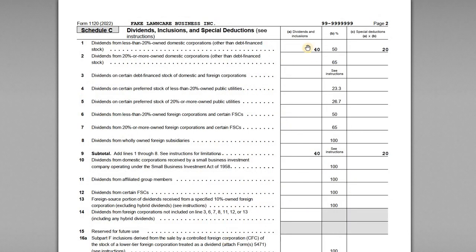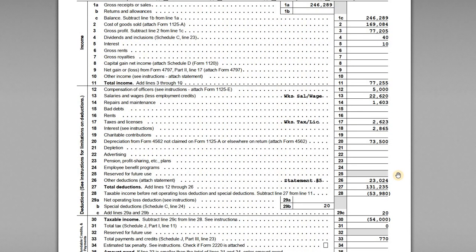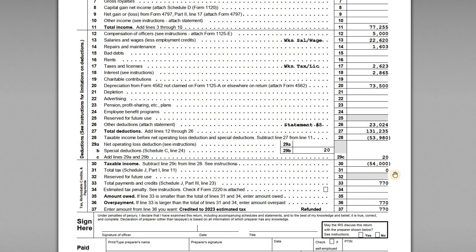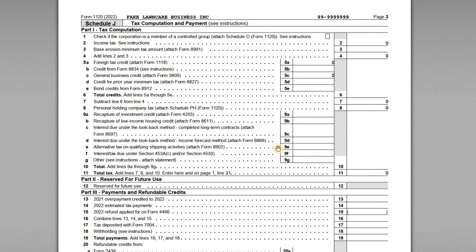So if we quickly look at page 1, notice at the bottom here, the taxable income is negative. We'll go through some of these elements down here in a little more detail in a bit, namely the dividend received deduction and the federal fuel tax credit. But notice the taxable income is negative $54,000 because they're in a net operating loss position, and total taxes is 0. And so those numbers are pulling from Schedule J.